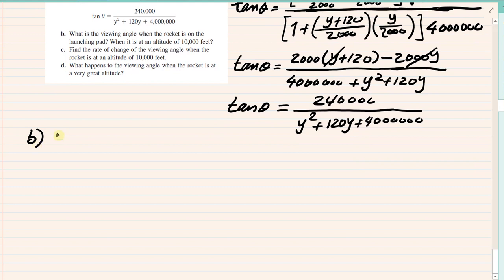So at that point, the height of the launch is 0. y is 0. So the viewing angle is going to be very small. Therefore, when y is 0, tangent of theta is, you just plug in 0 here and here in the denominator, and we're going to get 240,000 divided by 4 million.